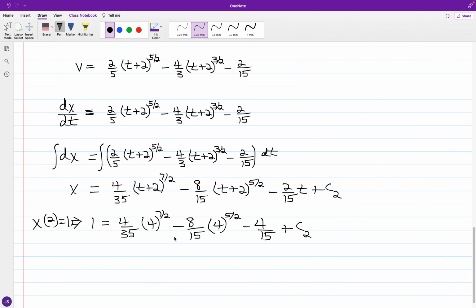Just gathering our terms together, it follows that c sub 2 is going to be 389 over 105.